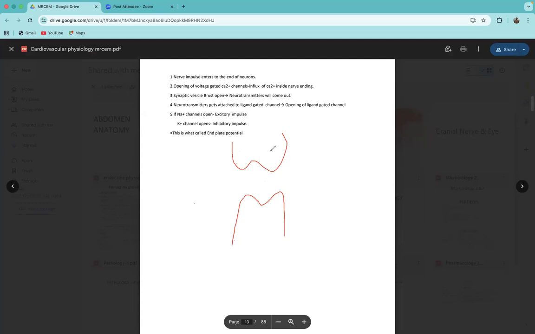So again, the nerve impulses come through from here and cause the opening of the calcium channel. The calcium channel opens, the synaptic vesicle bursts open, and ultimately the neurotransmitters are released and get attached to the postsynaptic cleft, which causes opening of the sodium channel here.